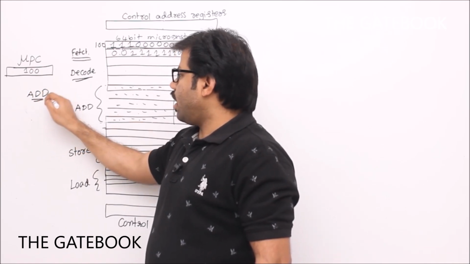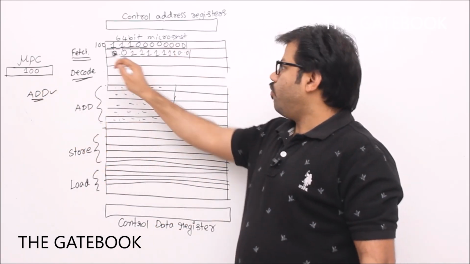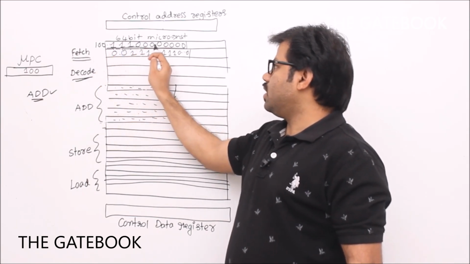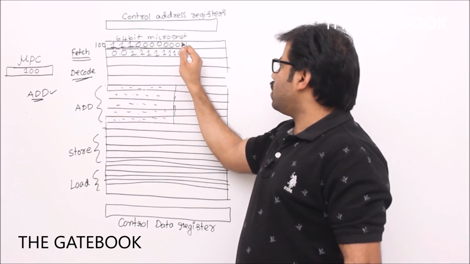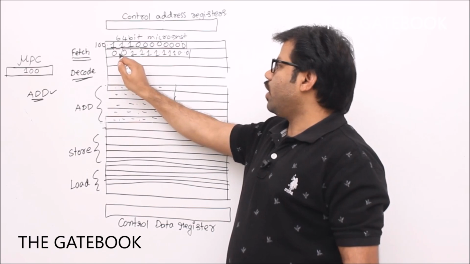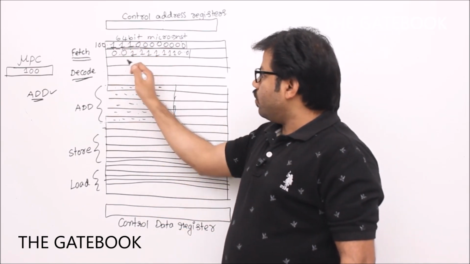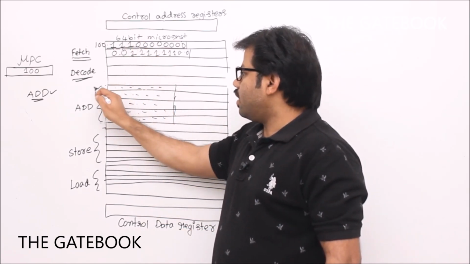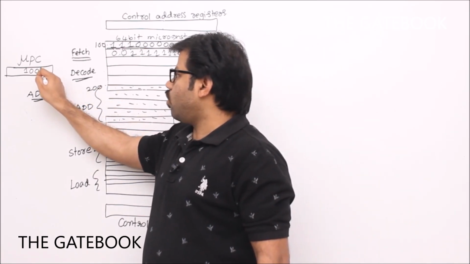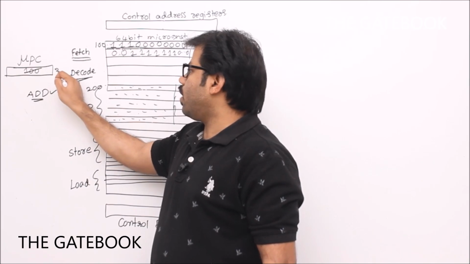For executing the add instruction, what should happen? Fetch should be executed. For that, the appropriate control signals should be generated. For that, this micro instruction should be executed. After that, this micro instruction, which is related to decode. Later, the control should come to, let's say, add starting at 200. Then automatically the micro program counter should show 200.